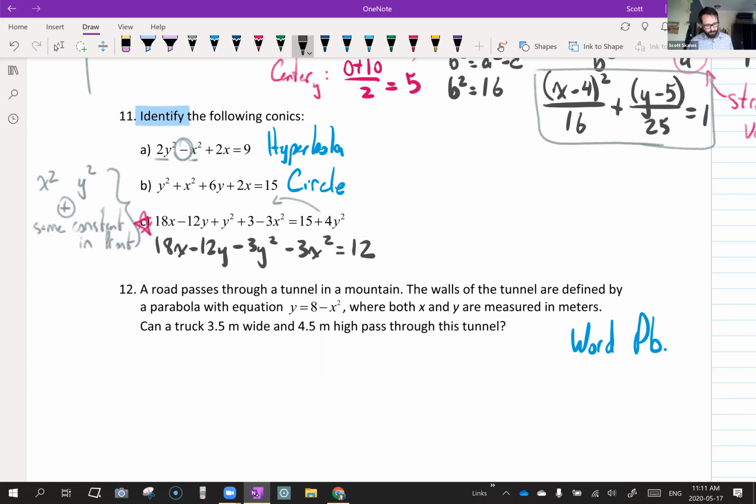We'll bring that over. What we see here now is you have a negative 3 in front of the y squared. You have a negative 3 in front of the x squared. This actually makes it a circle because they have the same constant in front of both.